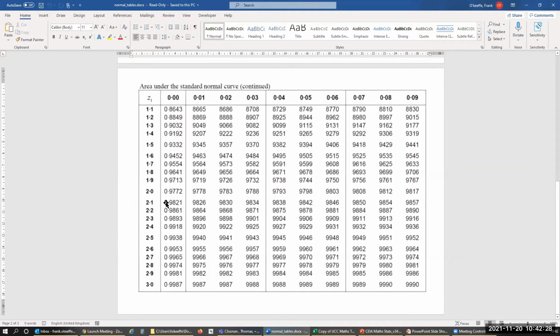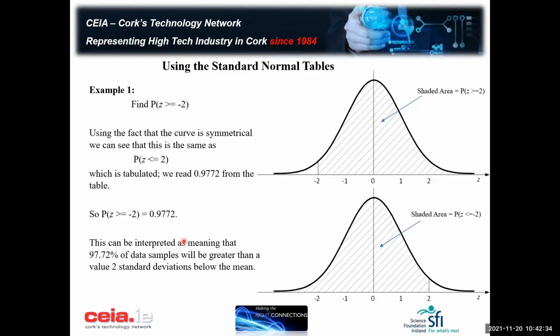And then 2.1 goes on to the next row. In this case, it's just 2, so it's 0.9772. What that's saying is that this area for the probability z less than or equal to 2 is 0.9772. And then by symmetry, the probability that z is greater than or equal to -2 is 0.9772 again.